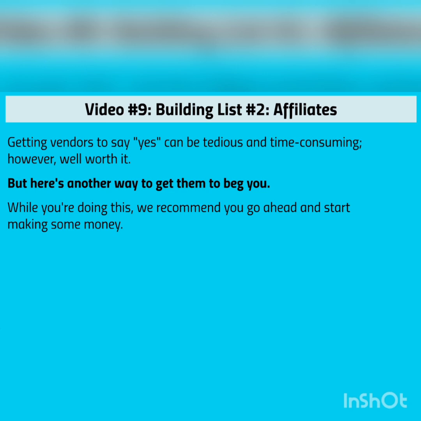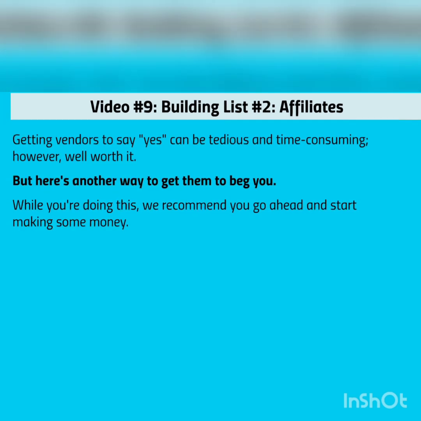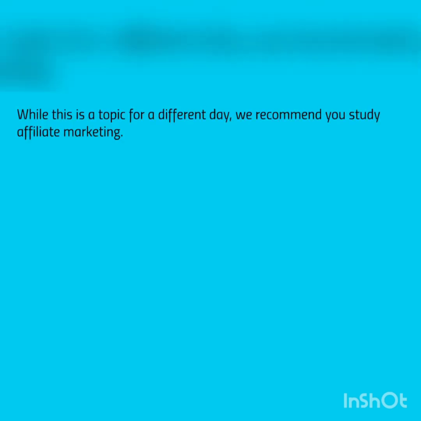So while you're doing what we talked about in the previous video, we recommend that you go ahead and start making some money as an affiliate. While this is a topic for a different day, we really want to focus on at least a brief overview of what you should be doing.